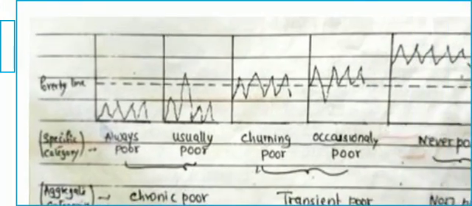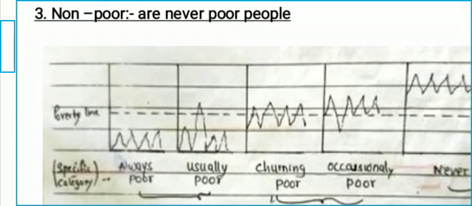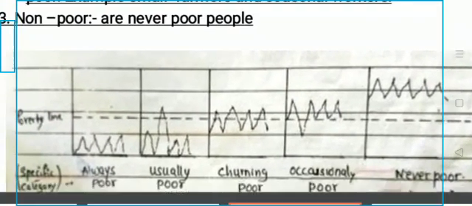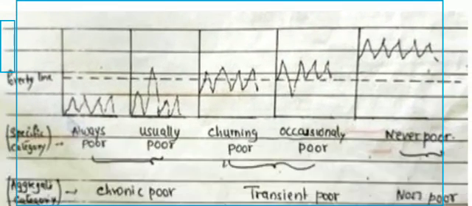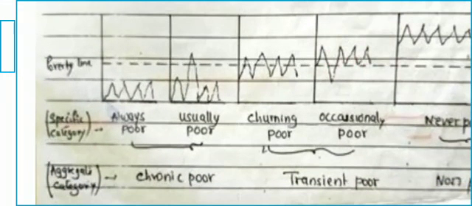Let me just correct it. Then in the first two diagrams, a specific category is shown.